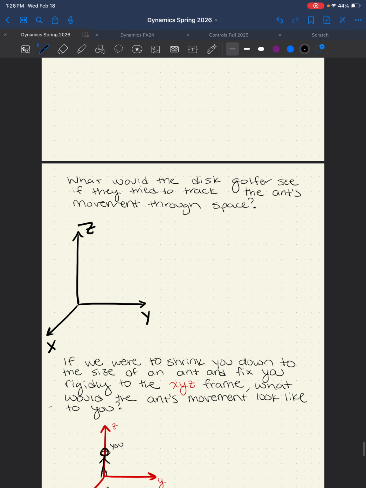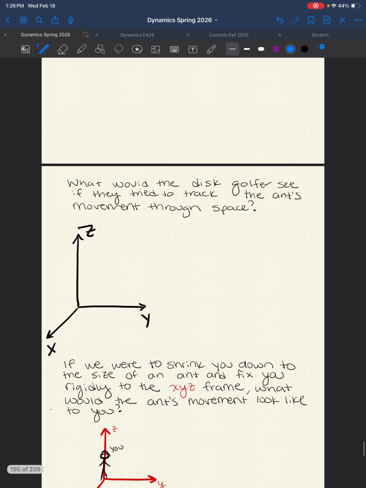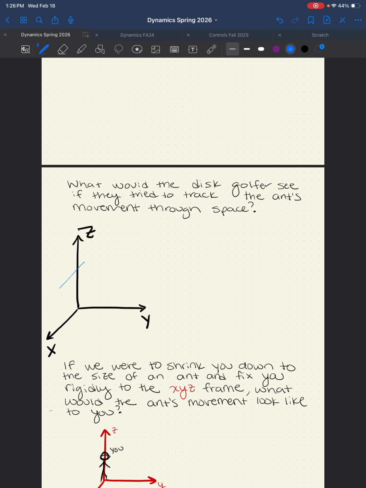Okay, so let's go back to talking about who sees what in terms of the ant's movement. So if you are the disc golfer and you're trying to track how this ant is moving through space, well, we're going to pretend that the Frisbee is just moving in a completely flat path. It's just moving along this plane, this XY plane.